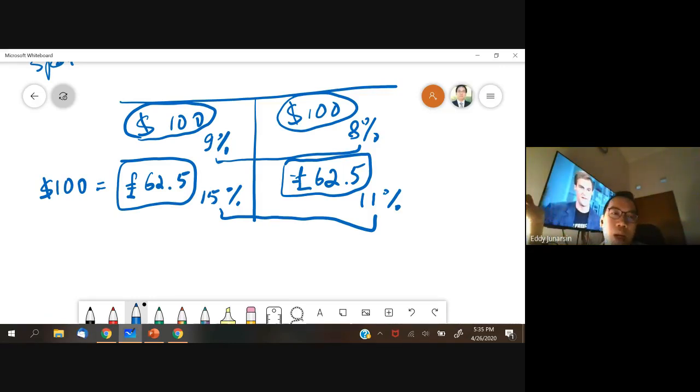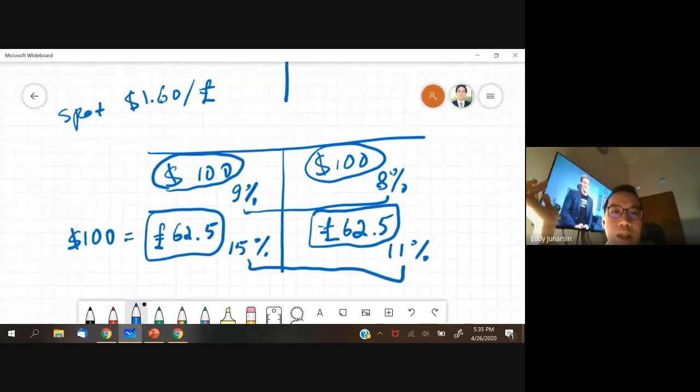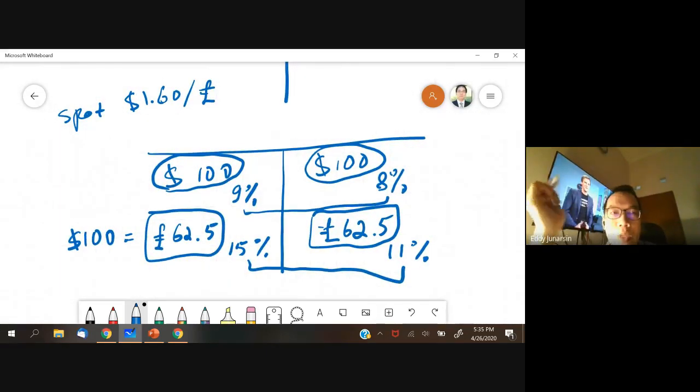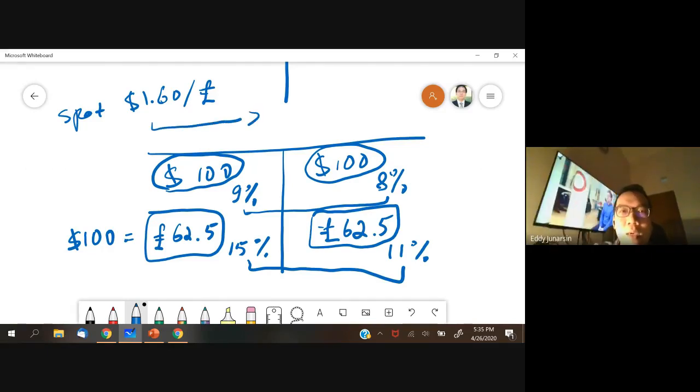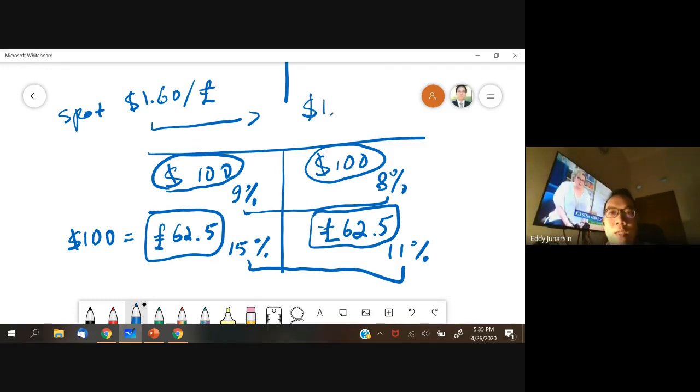So whatever happens, maybe we can get one scenario. Maybe the spot rate has changed 1 year later. The spot rate has changed to, whatever, maybe 155. Right? It has changed to 155 per pound.